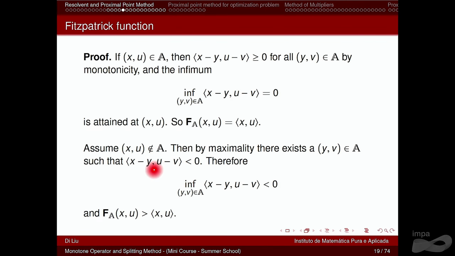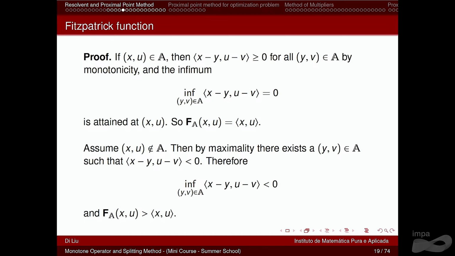So we take the infimum on both sides. We have that the infimum of this is less than 0. Since it is less than 0, we can conclude F_A is greater than the inner product of (x,u) by the definition of F_A.